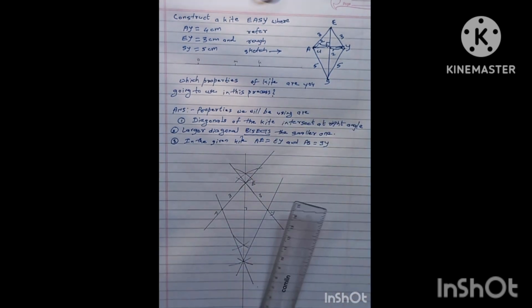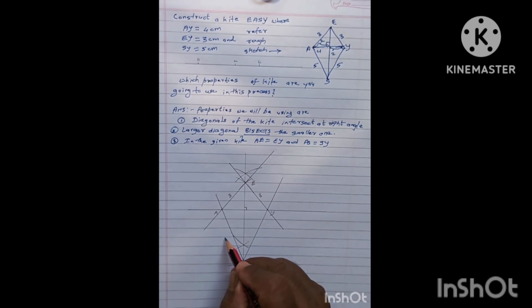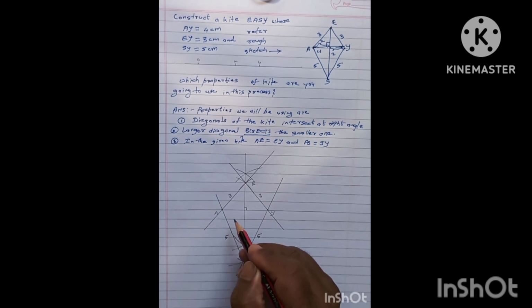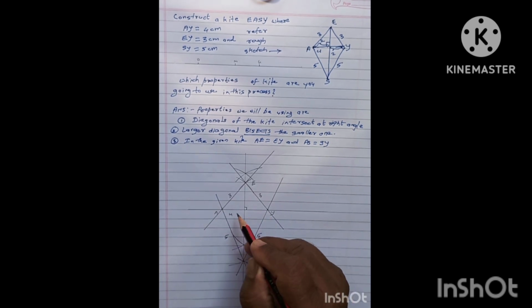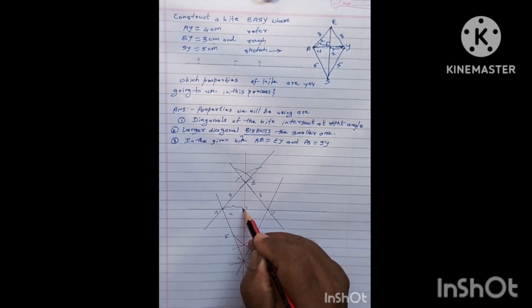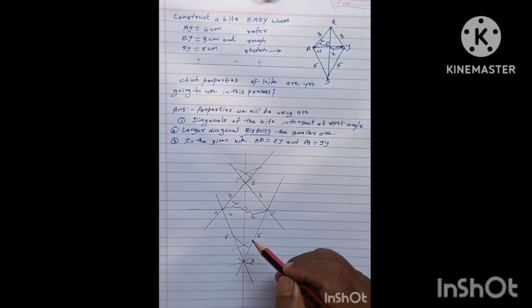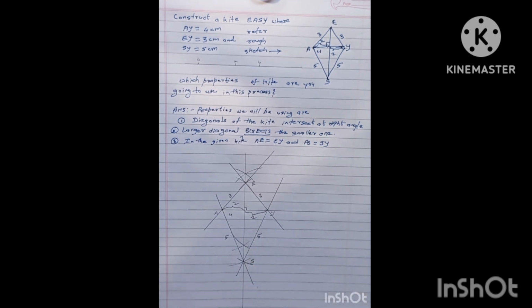So join this, and that is a speciality of construction, that you are not supposed to erase anything. You should know that you have drawn it the way you are supposed to draw, or construct. See, I am naming this 2, this 2, that is given there, and this is 5.